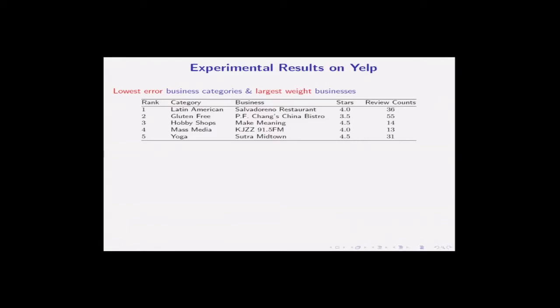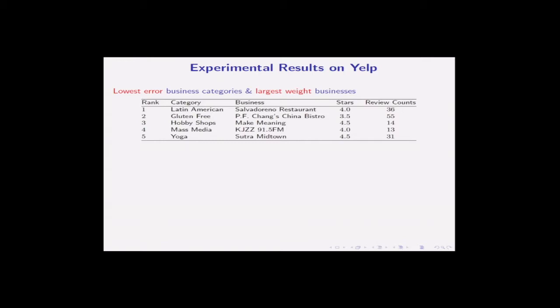So let me show just some qualitative results to see what we can say from this. Right? So the intuition is if I want to look at what are the communities that are recovered with high accuracy, for Yelp you would expect restaurants, right? Like this Latin American restaurant category would have high recovery rates. What's interesting is even smaller categories like these hobby shops are also recovered efficiently.